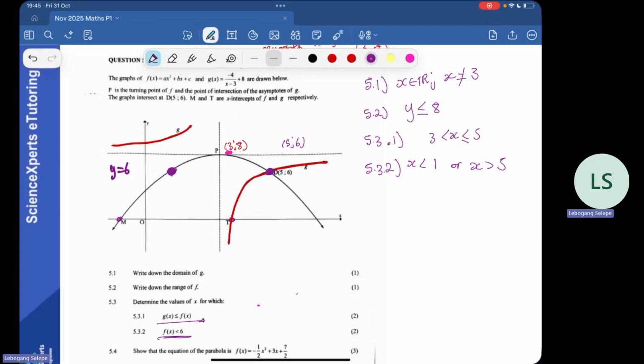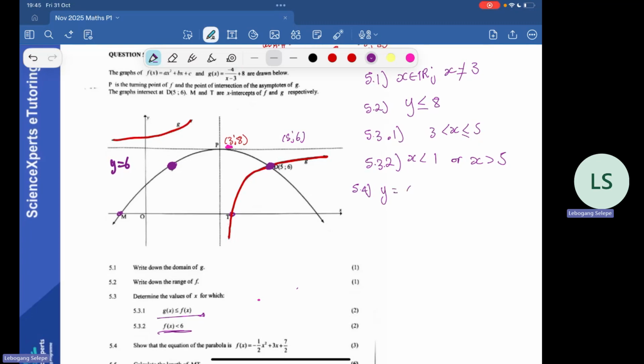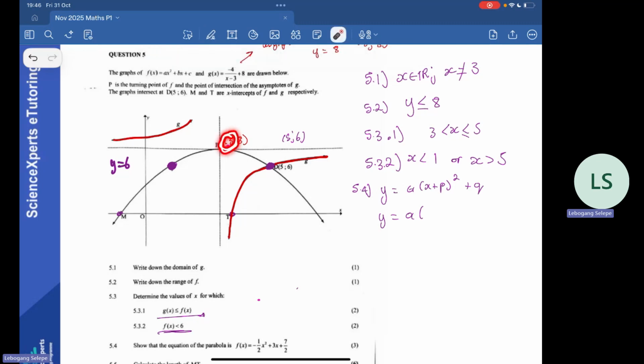So 5.4, when we have the turning point and another point, we can use the turning point formula, where y equals a into (x plus p) squared plus q, right? So y would be equal to a. The value in the bracket would be negative because you see here my x value at the turning point is positive. So when I put it into the bracket, it would be negative. So we put (x minus 3) squared, right?